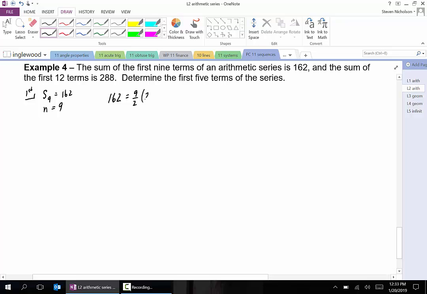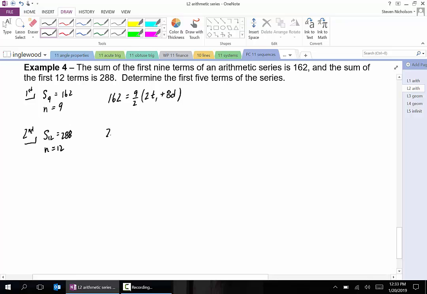And in using the second formula, what we end up with is 9 minus 1d, 8d. We end up with a formula that has 2 unknowns. And when we do that again with our second information, the sum of the first 12, so S12 is equal to 288, and n equals 12.